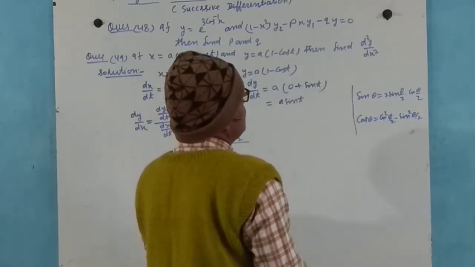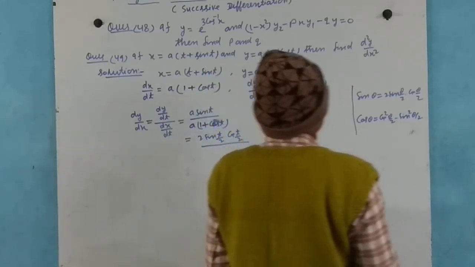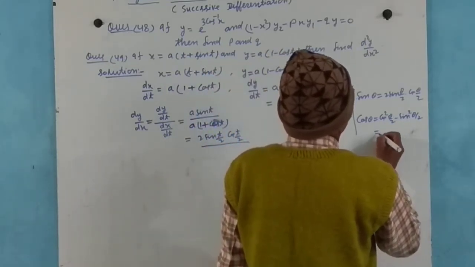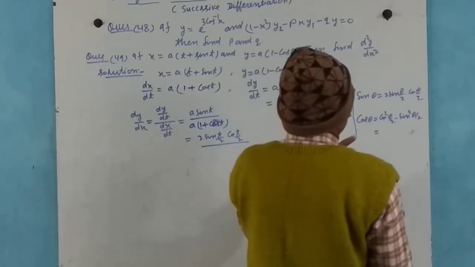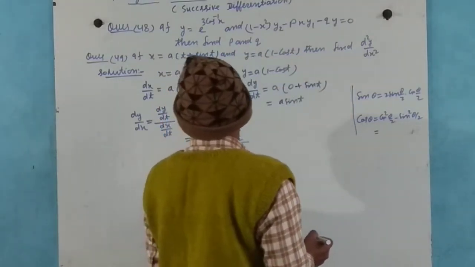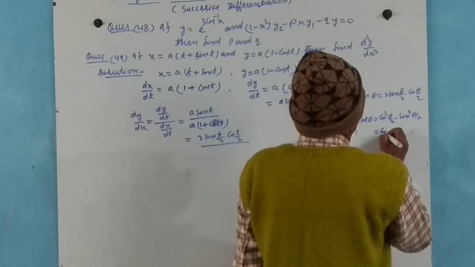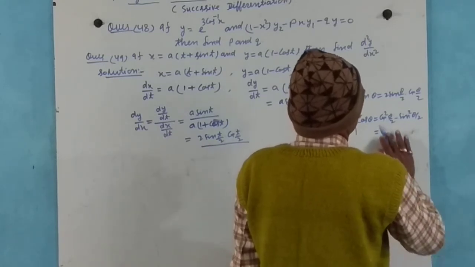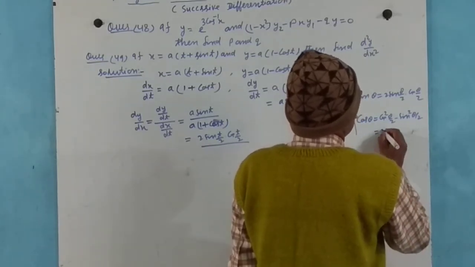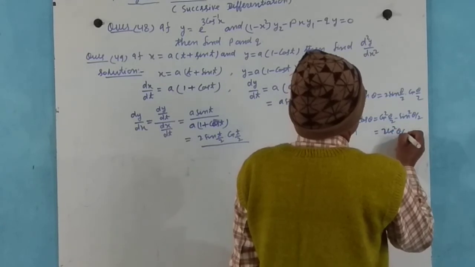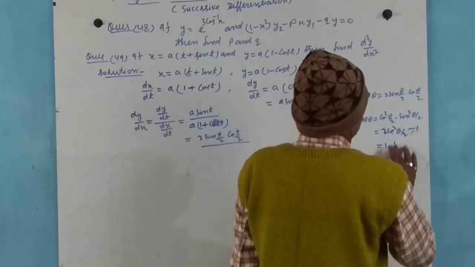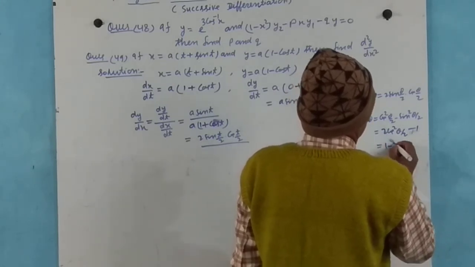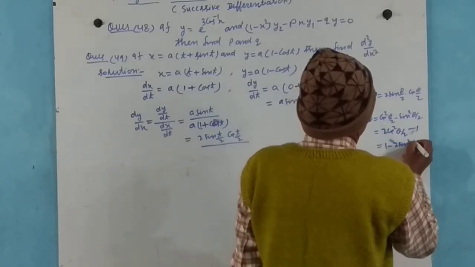And now this can be written as 2 cos square theta by 2 minus 1. This is also 1 minus 2 sin square theta by 2.